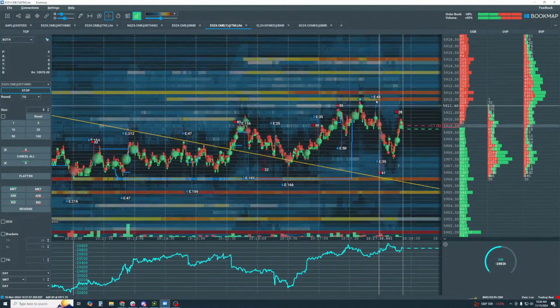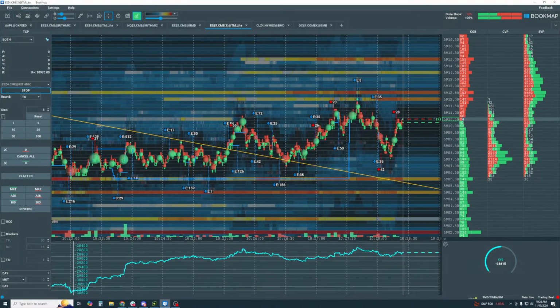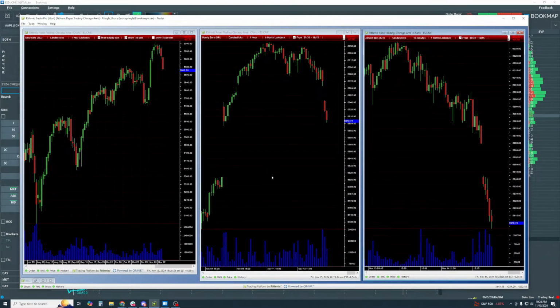I want to cover the higher time frame though, because this is where we can really look for something great. Here we have a very simple candlestick chart with volume in the subchart. That's it. This is a daily chart on the left, an hourly in the middle, and on the right a 15-minute chart. Look at this momentum to the downside, tremendous.